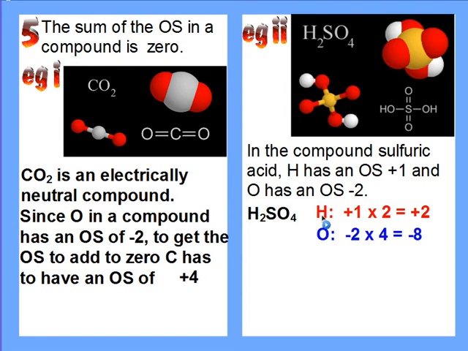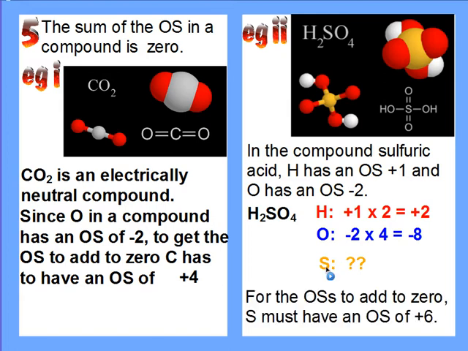So the hydrogens in total give us a +2, and the oxygens -8. Now overall, H2SO4 is electrically neutral. So what is sulfur going to have as its oxidation state? That's right, it's got to be +6. There's only 1 sulfur atom, and we need 6 positives to take this compound to 0.